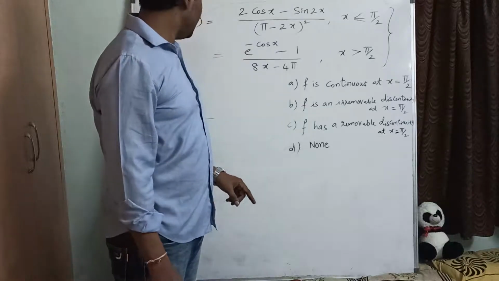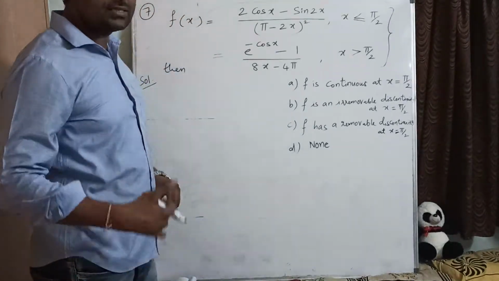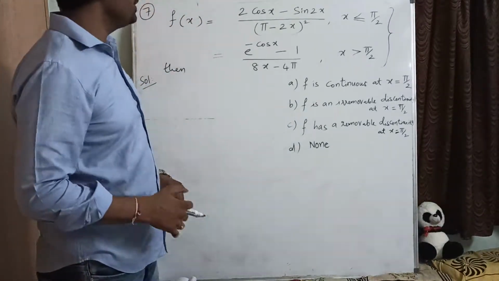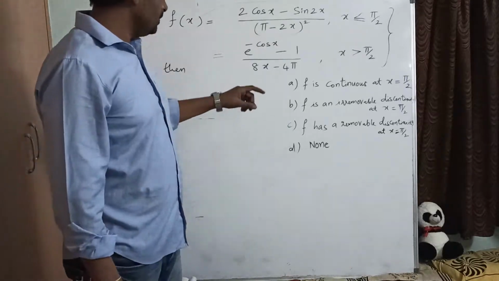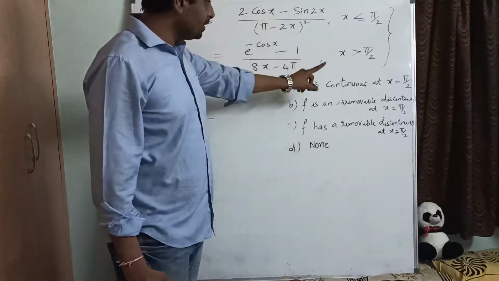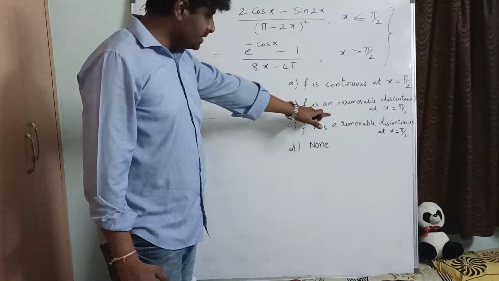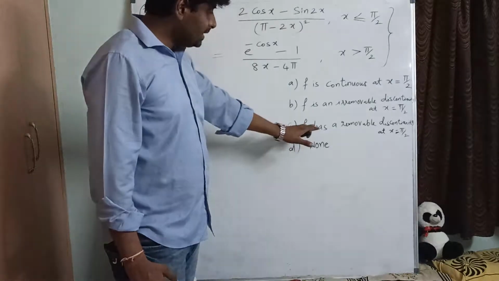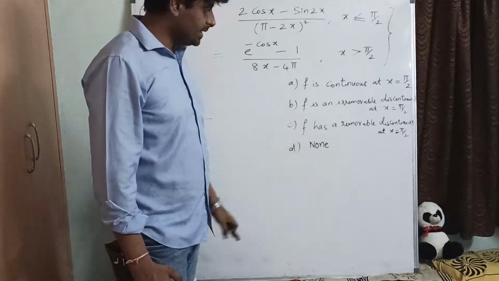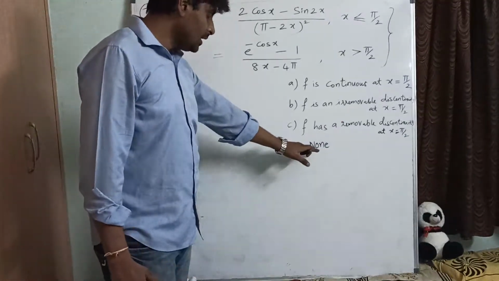Now we are going to check whether this function is continuous or not. If it is continuous, is it continuous at x equal to pi by 2, or discontinuous? Is it irremovable discontinuity or removable discontinuity at x equal to pi by 2, or none of these options?